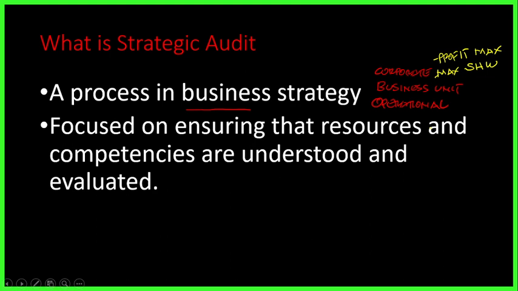Or how do you exploit or create new opportunities? Normally your business unit strategy will focus on, but is not limited to, your marketing strategy. So this is where product, place, promotion, and price come in for each business unit.